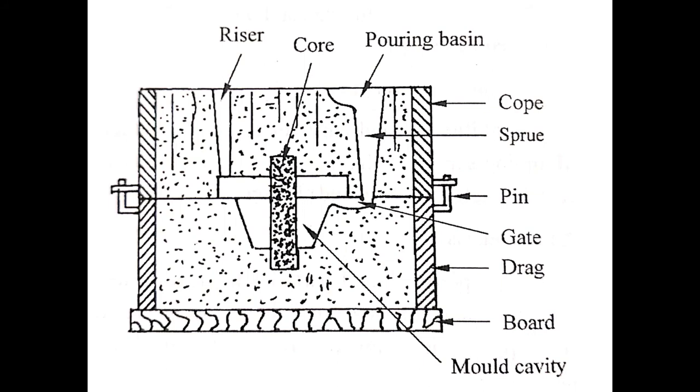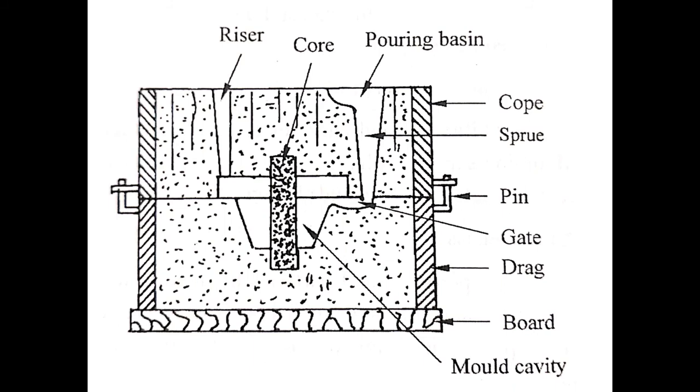Sometimes these cores are also known as core prints, P-R-I-N-T-S. Sometimes the core is inbuilt with the pattern itself, and the projection of the pattern is intended to get the impression in the mold which supports and holds the cores.